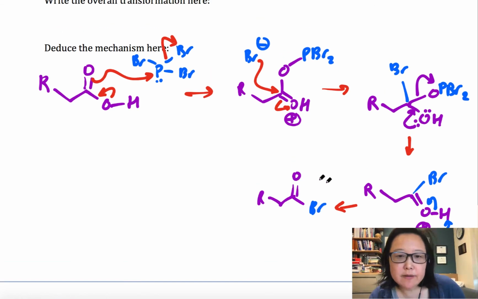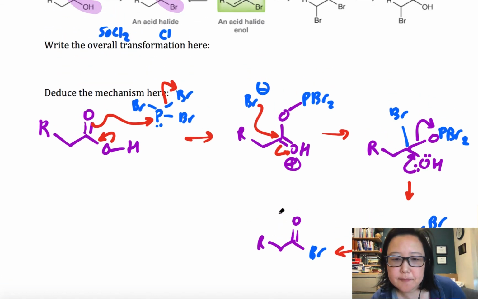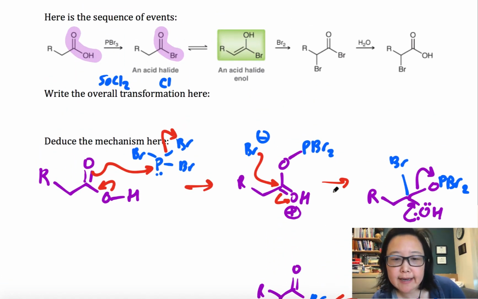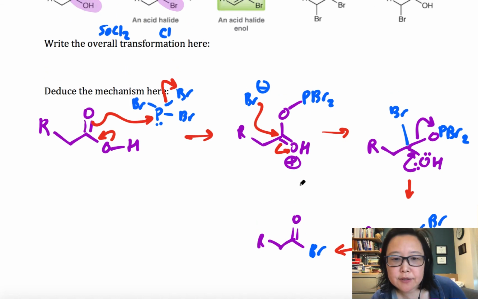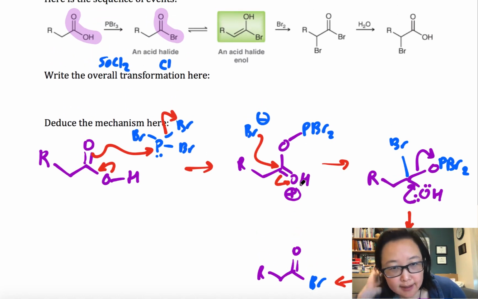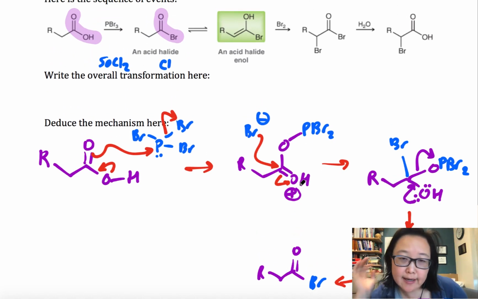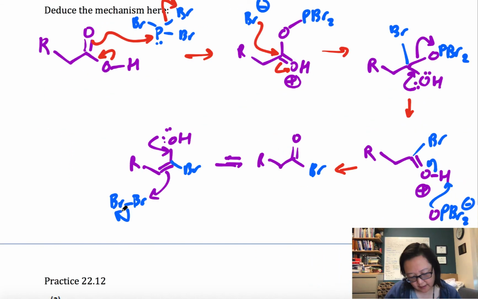All right, so remember, this is a good leaving group, and once I have my alkyl halide, now I want to turn this into an enol, and after I get the enol, then I can attack the Br2. Okay, so that is going to be our alpha bromination.